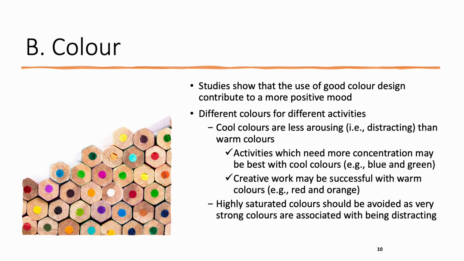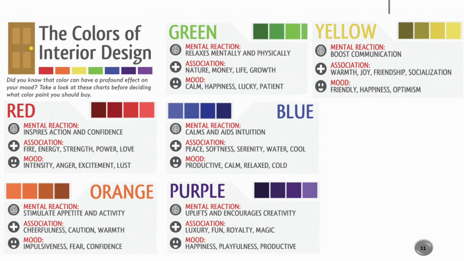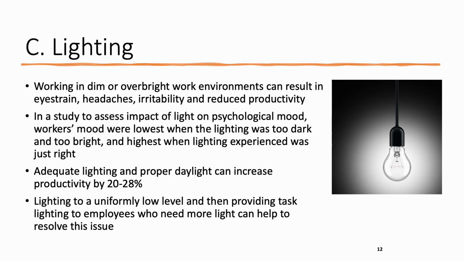On the other hand, areas where creative work is performed may be best designed with warm colors, for example, red and orange. Nevertheless, highly saturated colors should be avoided as they can be a distraction for workers. As mentioned earlier, different colors will have different effects on workers. These are the mental reactions, associations, and moods associated with certain colors.